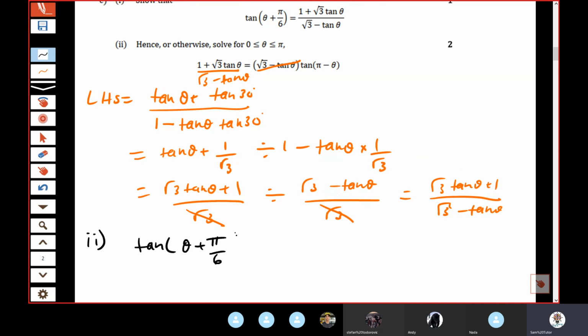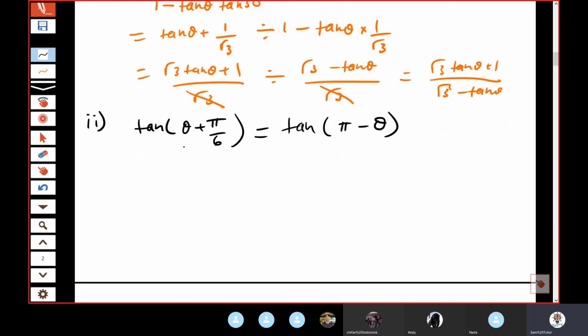Does everybody get that at home as well? Yes? Okay then. Inverse tan, obviously you get theta plus pi on 6 is equal to pi minus theta. 2 theta equals 180 minus 30, which is 150 degrees.